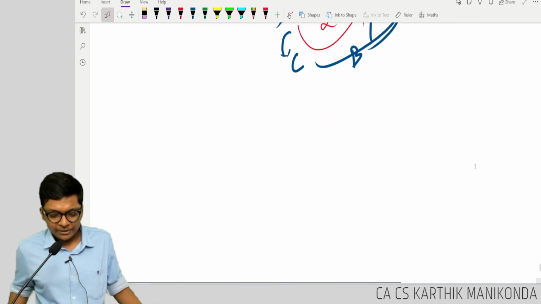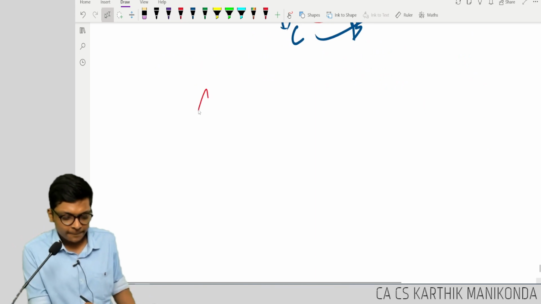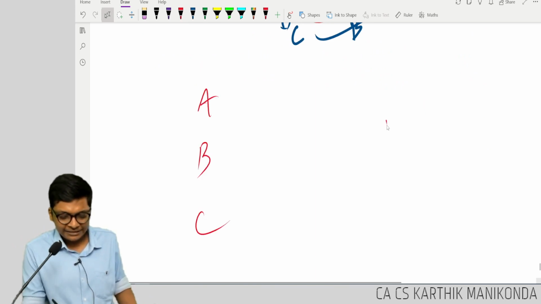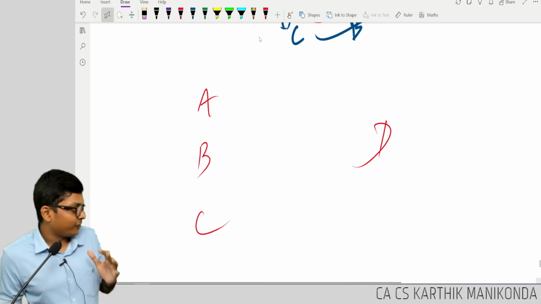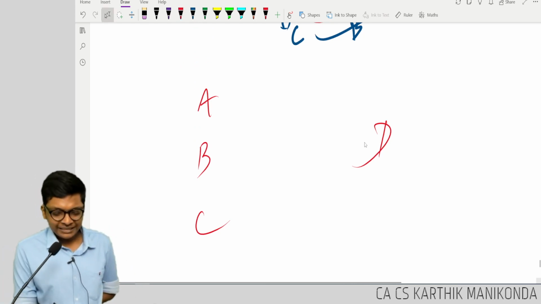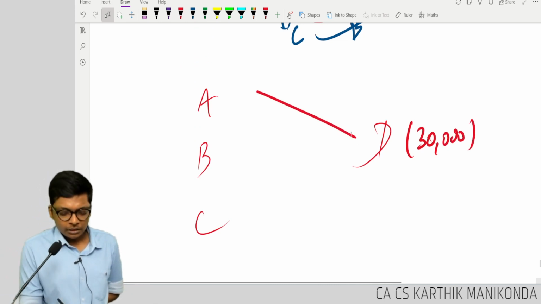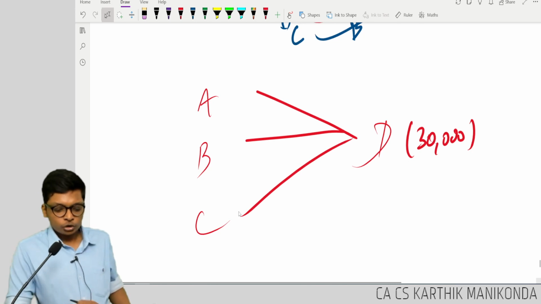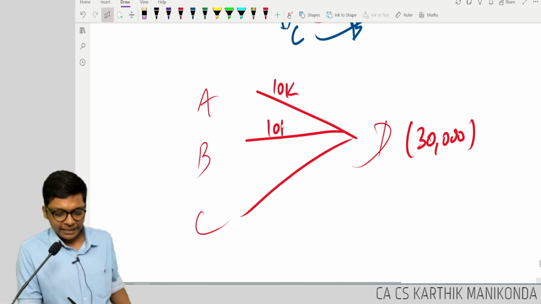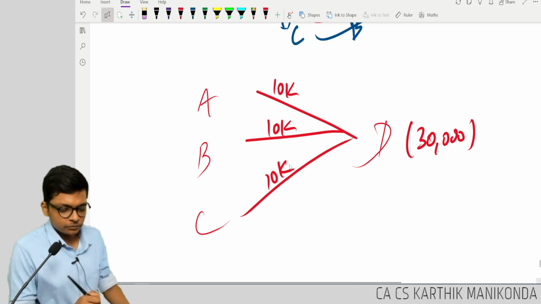Last one, joint promisor. Let me finish all the concepts of joint promisor with one example. Usually I take student names, but for time, we don't have that much time. So let's say, a simple example: D gave a loan of 30,000 to A, B and C jointly, 10K to each person.